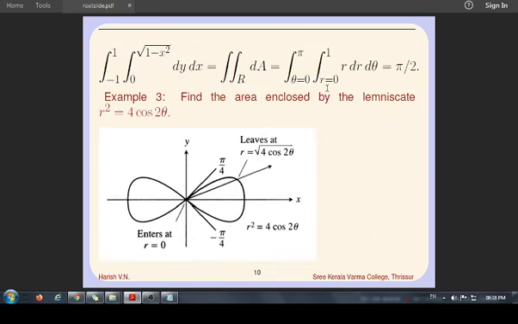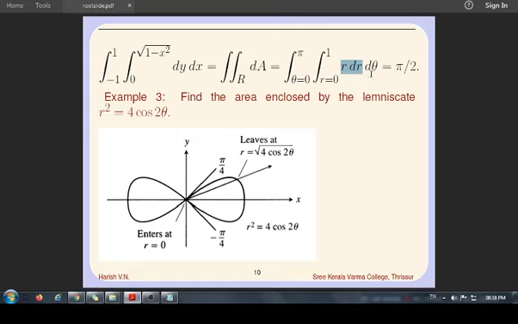So the integral, r varies from 0 to 1, r dr, and that you integrate with respect to theta and substitute the limits, theta equal to 0 to pi as the lower and upper limits. And here integrating with respect to r, you will get r square by 2. Substitute from 0 to 1. So what you will get? 1 by 2, and the integral of 1 by 2 d theta.